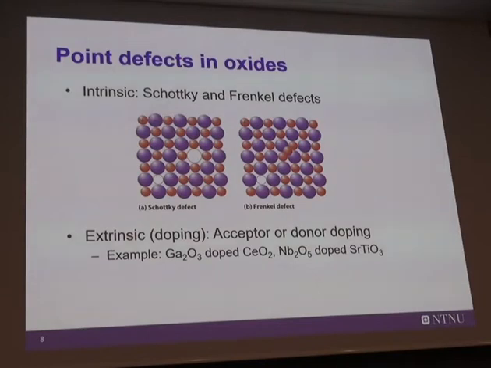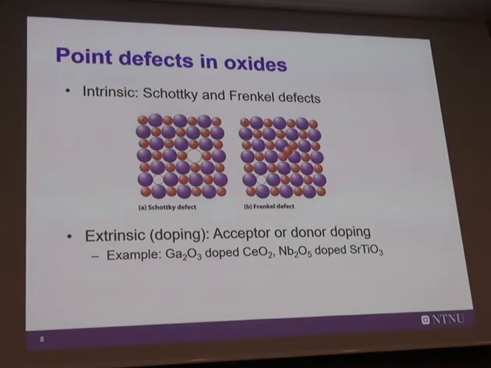And the Schottky defect means simply that you have two vacant sites in the normal lattice. So if you, for example, in this case, have a rock salt structure where you have equal numbers of cations and anions, a Schottky pair means that you have one vacant cation site and one vacant anion site together.